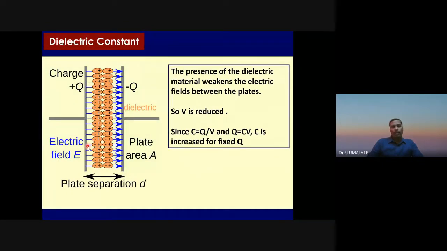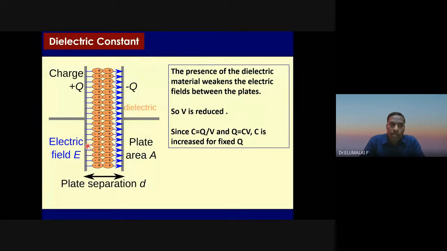The material having a large dielectric constant will be able to store huge charge or energy compared to the material having a low dielectric constant. Material having a high dielectric constant could store large charges, large energy.